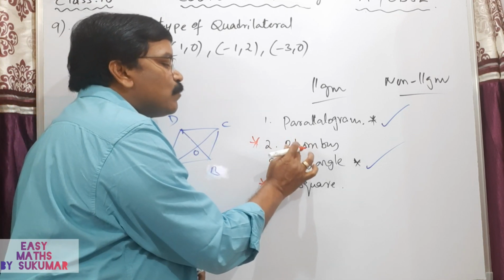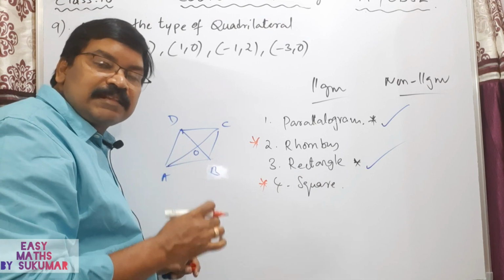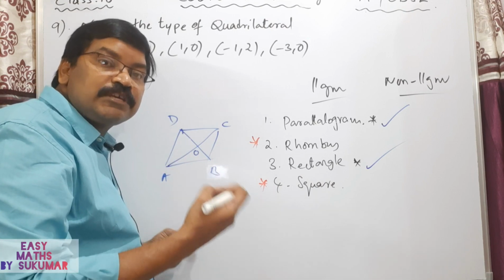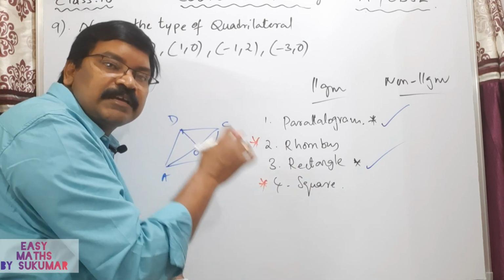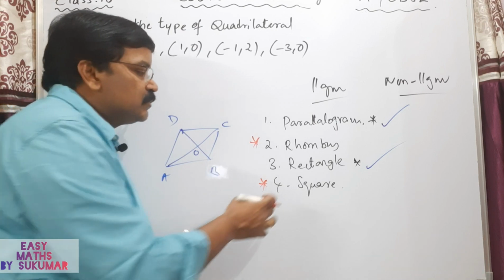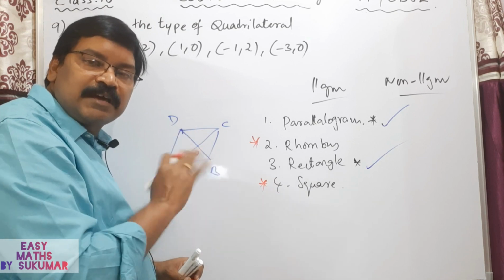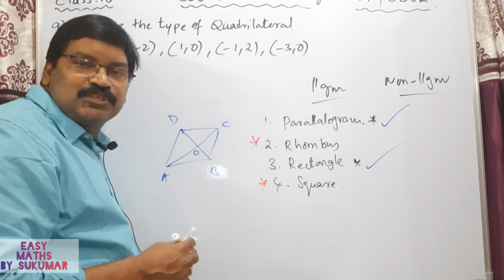So this is about the rhombus. And coming to the square, the diagonals are perpendicular to each other and they are also equal. So in a square, the diagonals are equal and perpendicular to each other. This is a special case in a square.